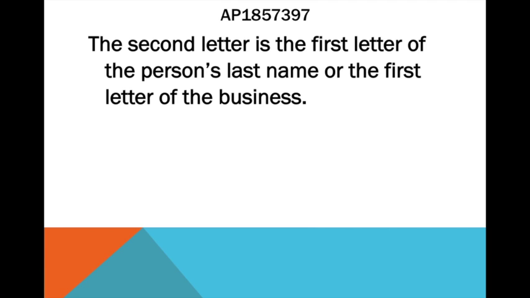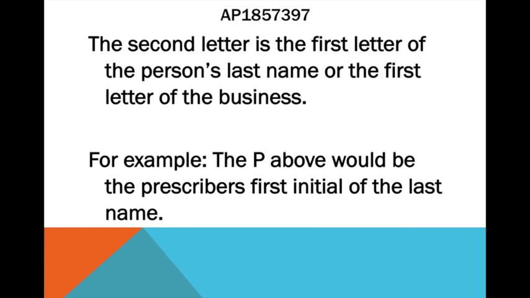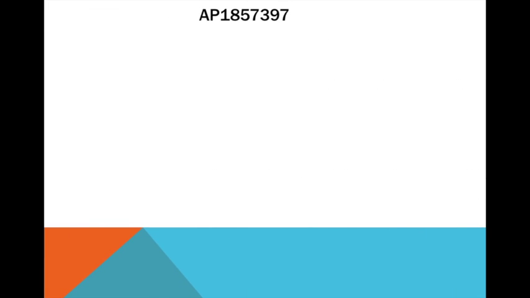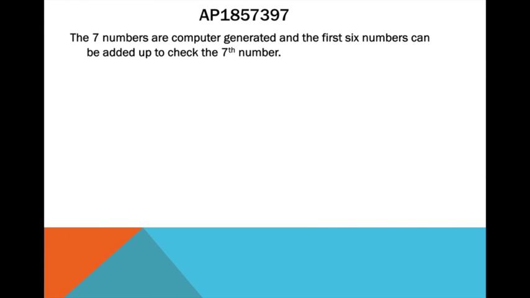The second letter is the first letter of the person's last name or the first letter of the business. For example, the P above would be the prescriber's first initial of the last name. So we'll say their last name is Peterson. The 7 numbers are computer generated and the first 6 numbers can be added up to check the 7th number.